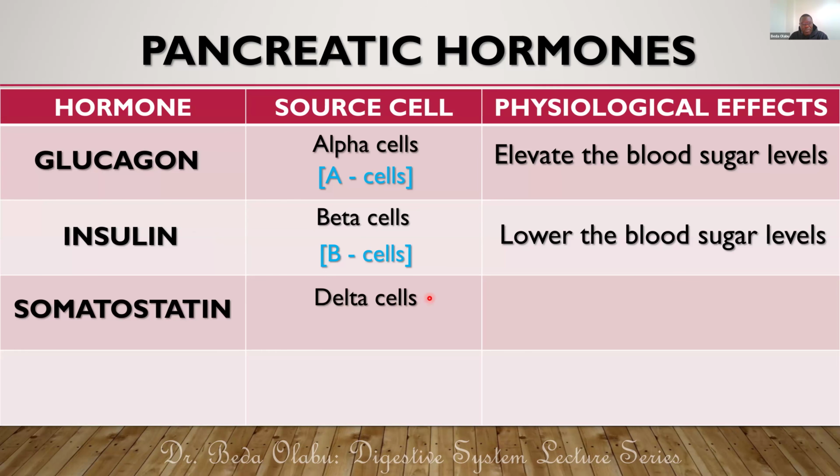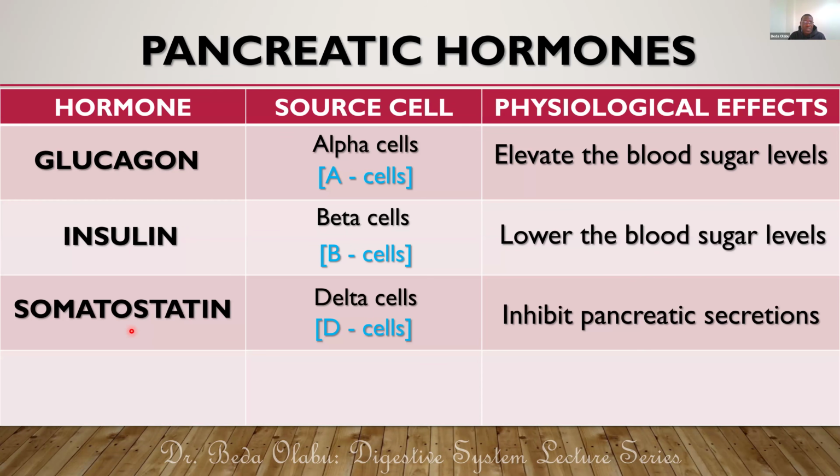The third cell type, the delta cells, which are also known as the D cells. Take note that we don't have C cells. The D cells produce somatostatin that tend to inhibit pancreatic secretions, predominantly inhibiting the exocrine secretion, but may also inhibit the endocrine secretions.